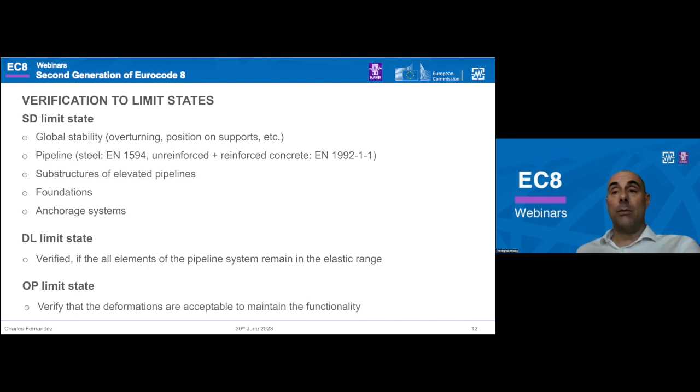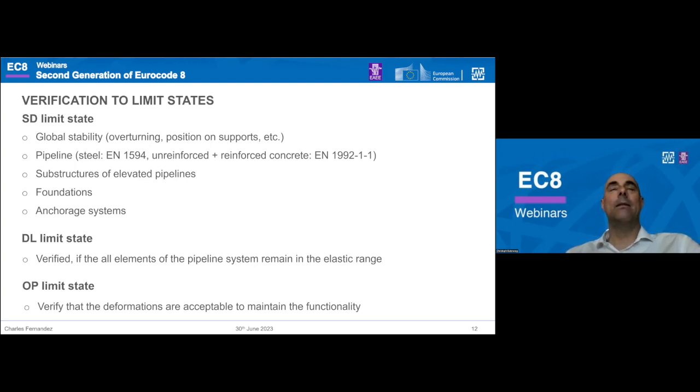So on top, we should verify probably the damage limitation state, and again, the same philosophy. If everything is in the linear range, then the damage limitation state can be regarded as satisfied. The OP limit state can also be investigated, probably together with the operator of the pipeline.